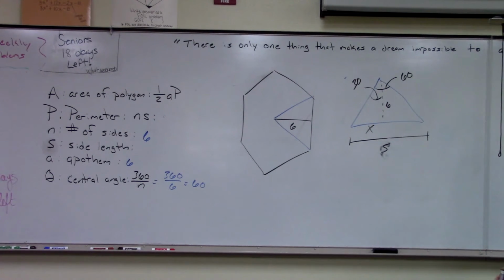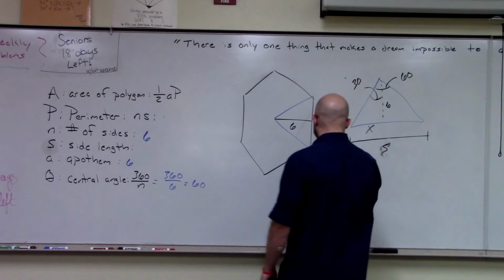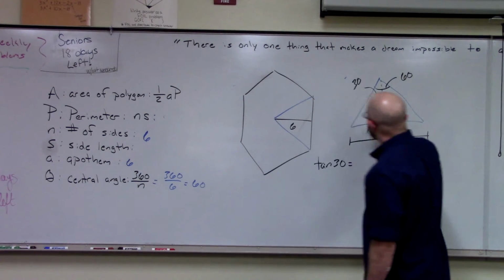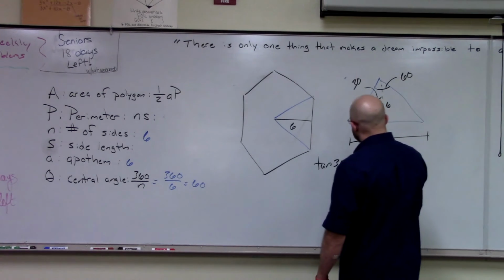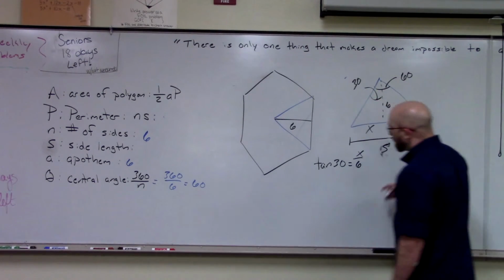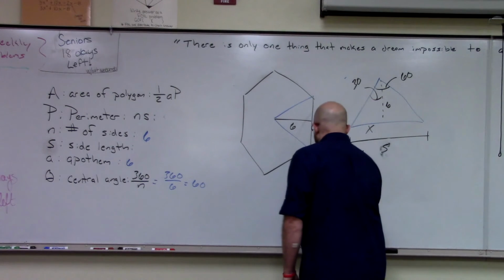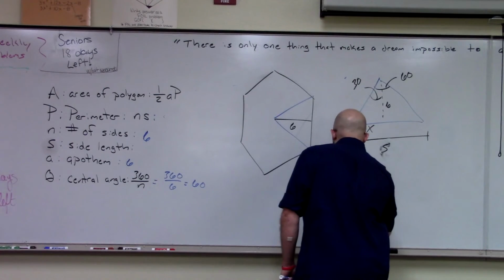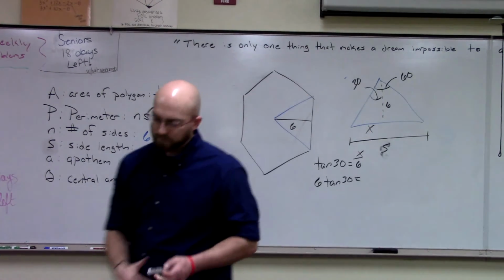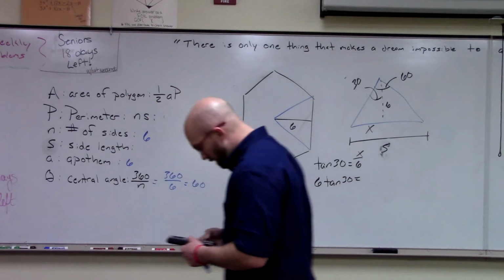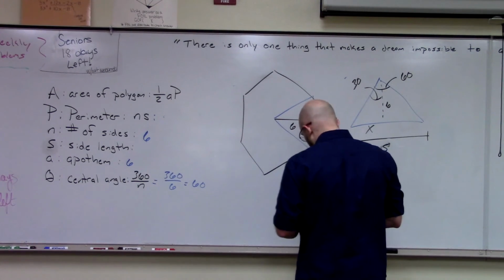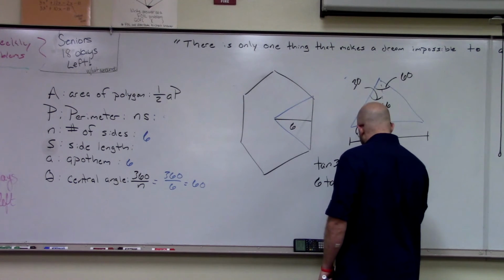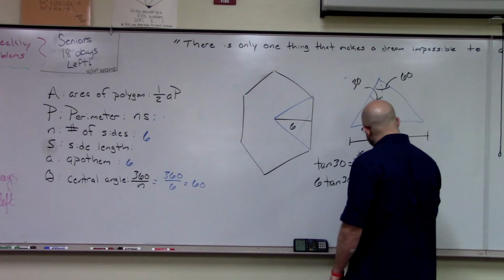So to find x, we use our trig again. Tan of 30 equals opposite over adjacent, so x over 6. Multiply by 6. And we get 3.46.